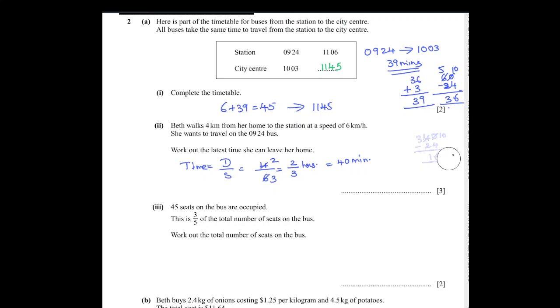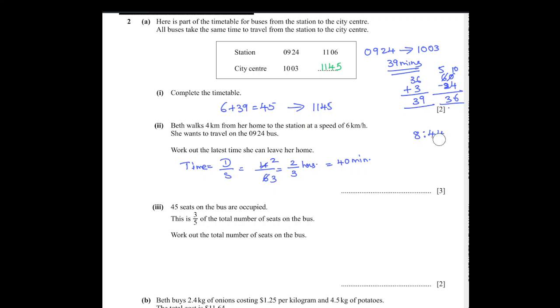Now we need to go back 16 minutes from 9, so it will be 8, 60 minus 16, 44. So 8:44 she has to leave. If she leaves at 8:44, she will reach the station at 9:24. So the latest time she can leave her home is 8:44.